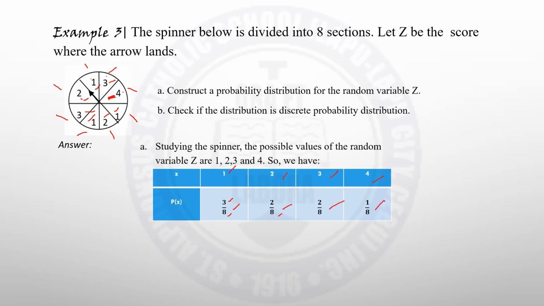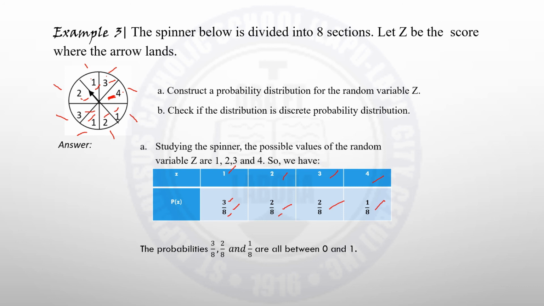So, this time, let's check if this set of probabilities is under the discrete probability distribution by satisfying the first and second properties of the DPD, or the discrete probability distribution.